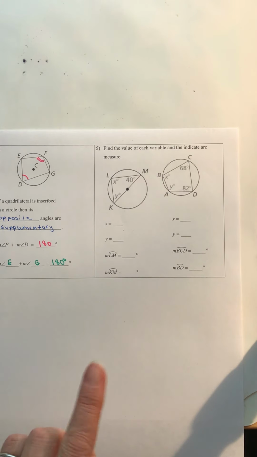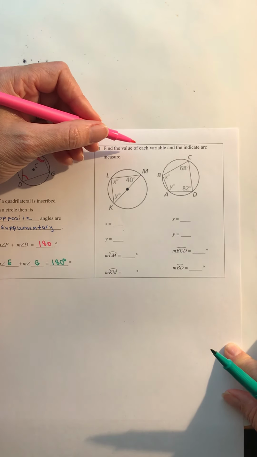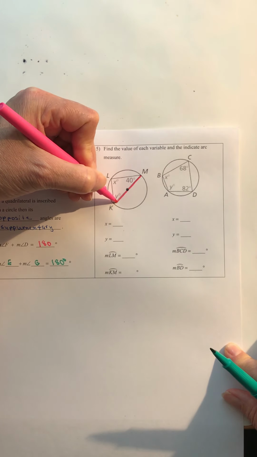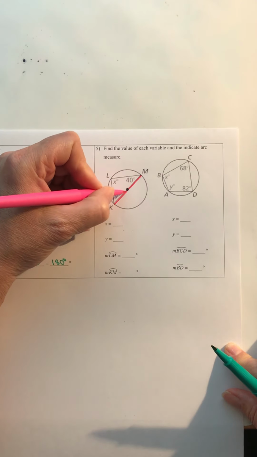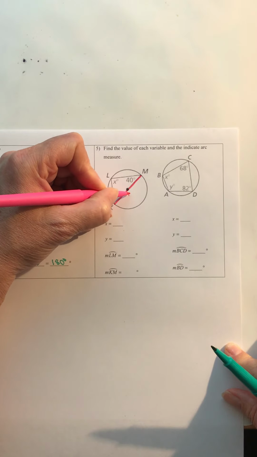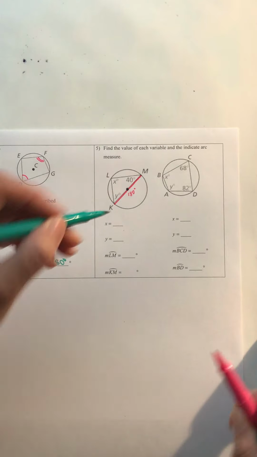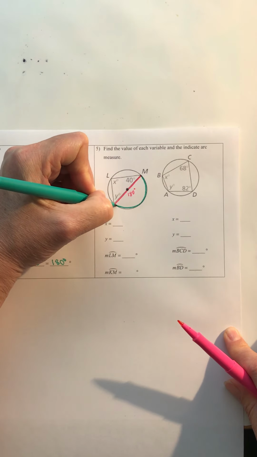All right, looking at this problem here, number 5, find the value of each variable in the indicated arc measures. The thing that jumps out at me here is that that line is a diameter. So if this is a straight line that goes through the center of the circle, then it's a central angle that's 180 degrees, which means that this is a semicircle.